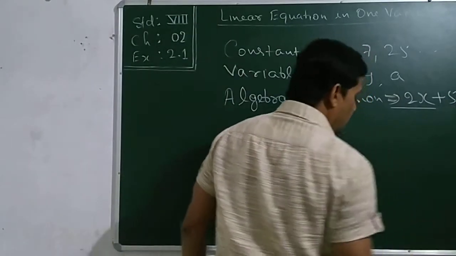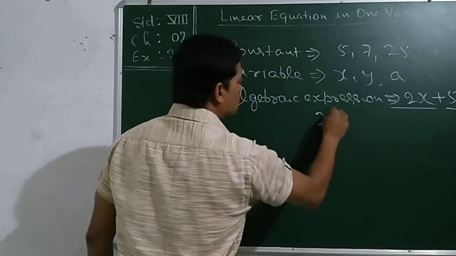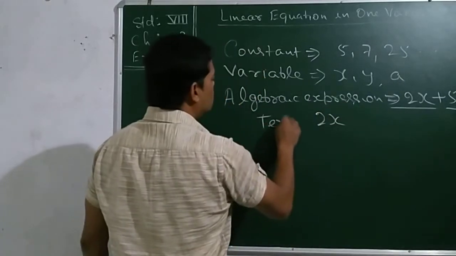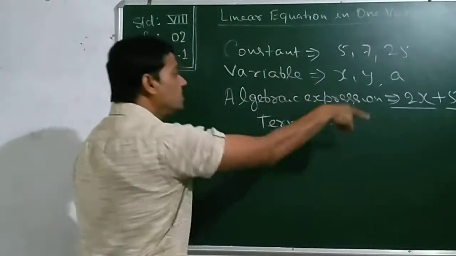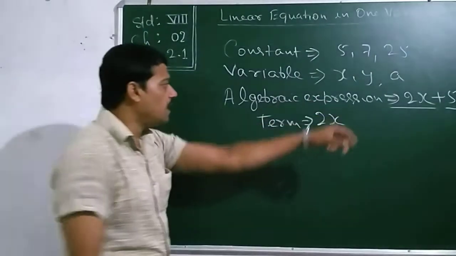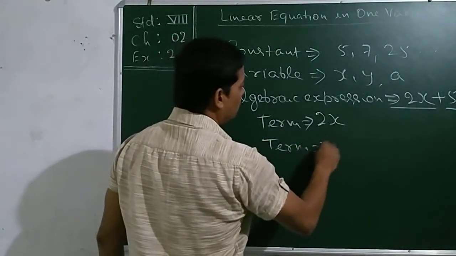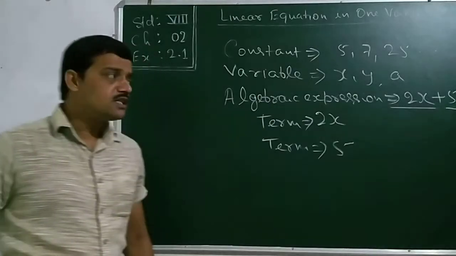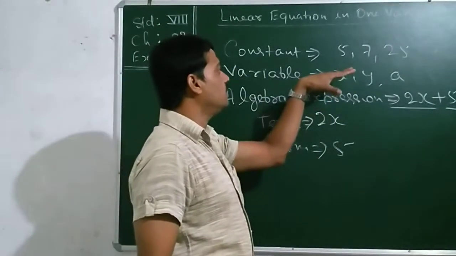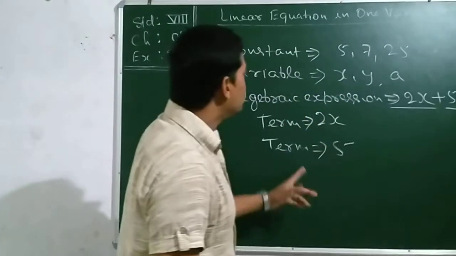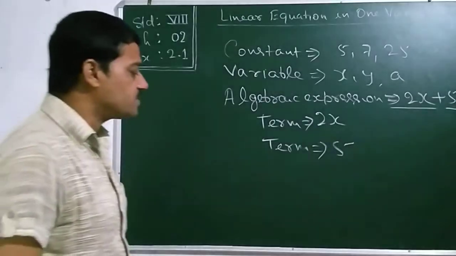If you take a particular 2x and 5, 2x is one of the terms of the algebraic expression, and 5 is also one of the terms of 2x plus 5. In this way, you used to make simple equations using algebraic expressions in the previous classes.